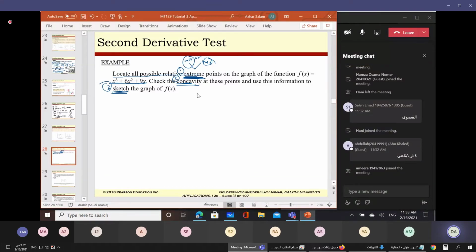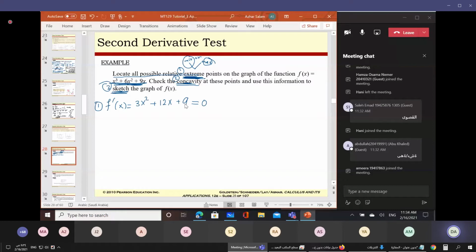For the extreme points, I will find the critical points. If f dash of x equals zero. Here, if I differentiate this function, the derivative will be 3x squared plus 12x plus 9. Then I find the zeros of the first derivative.